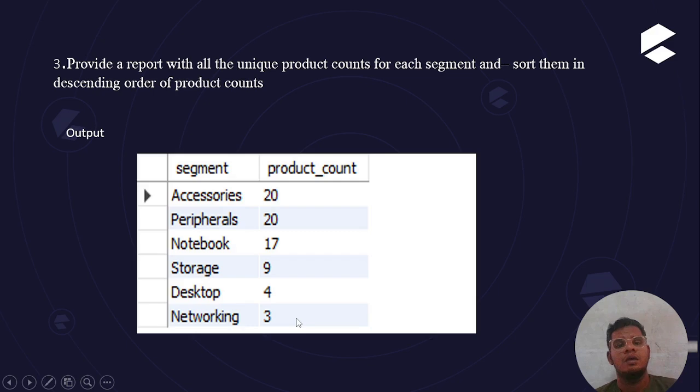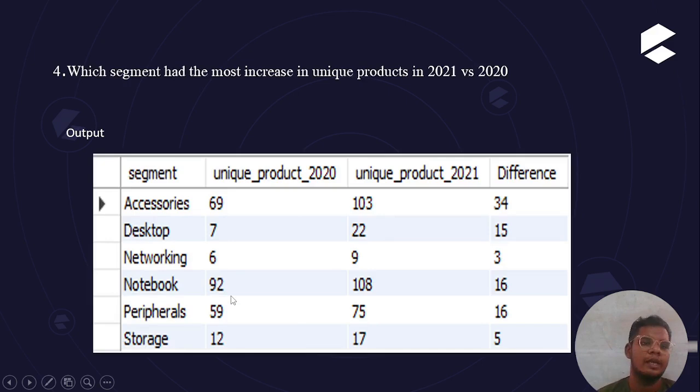Of course, because storage products are, for example, the memory card, the pen drive, the hard disk, SSD, that type of thing. They have limited usages, because we use these types of products only in limited places, and they don't have huge variations or types, because once we fix that product, it is used for some time. That may be the reason storage, desktop and networking have the minimal product count. And then we'll move to the next request.